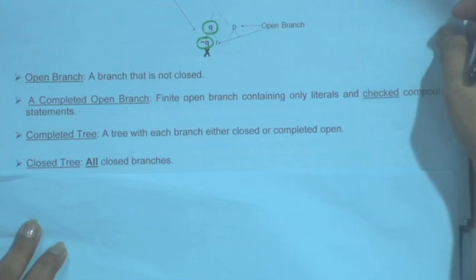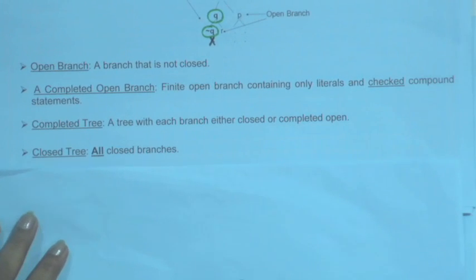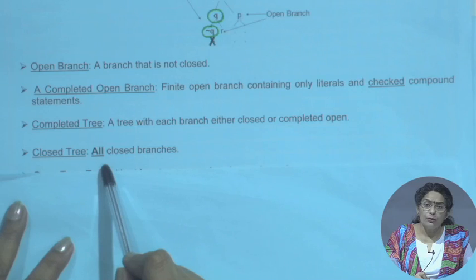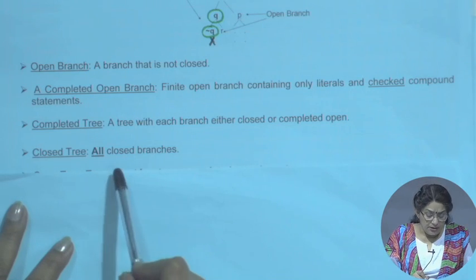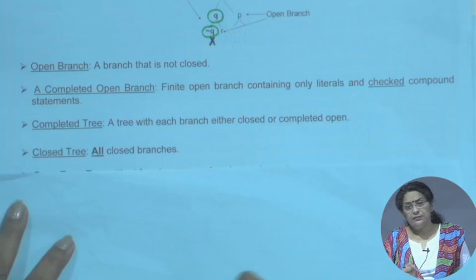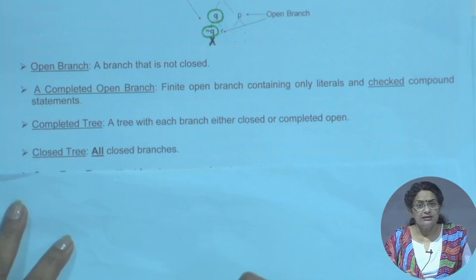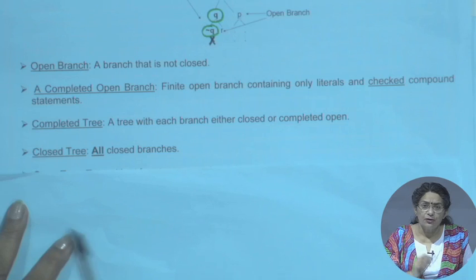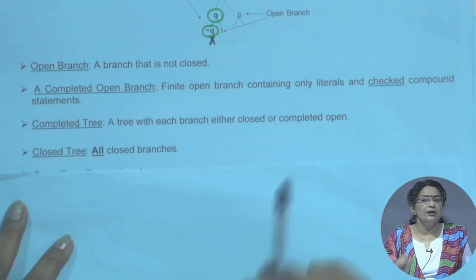This is a strange tree, sometimes it may result, and this is called the closed tree. A closed tree is one which has all closed branches. So, can that happen? Well, it depends on the root, and you will see that this may happen in some cases. Not a single branch has remained open.